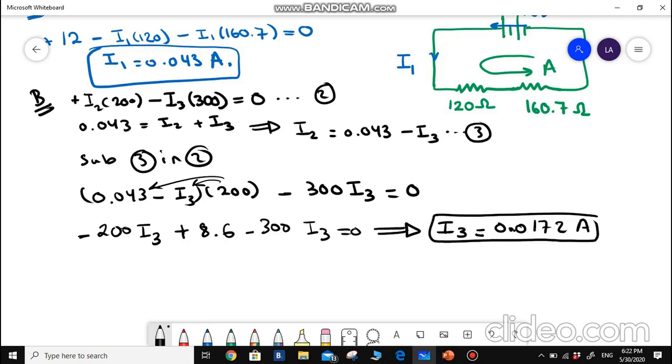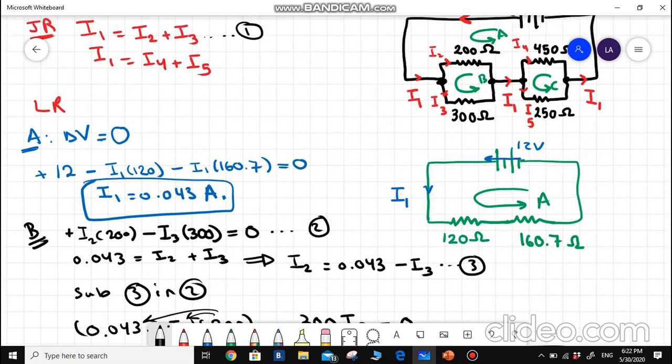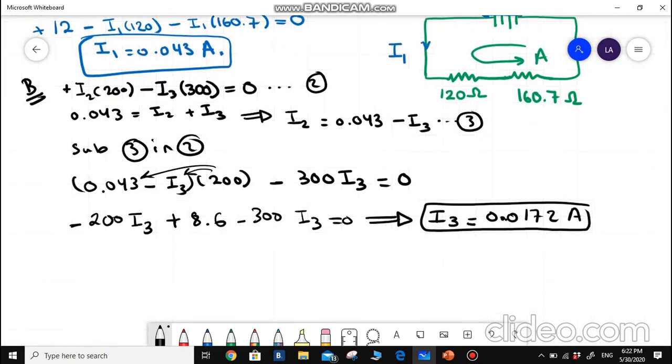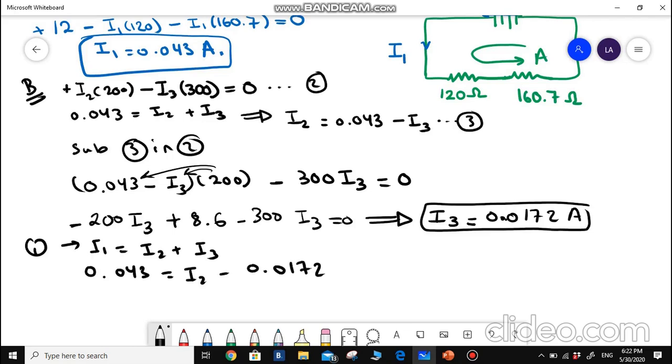Notice that so far I1 and I3 are positive, so the assumed direction is correct. Now we can also go back to equation 1 and substitute all the values that we have to find I2. I1 equals I2 plus I3. This is equation 1. I know now I1, it's 0.043, I2 is still unknown, minus I3 is calculated, 0.0172, so you can find I2.